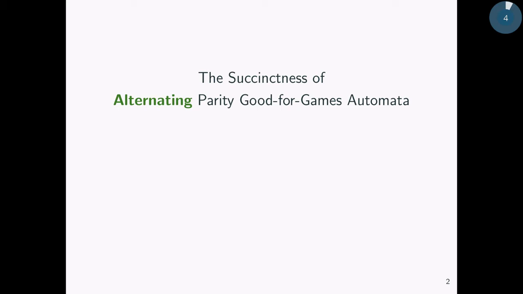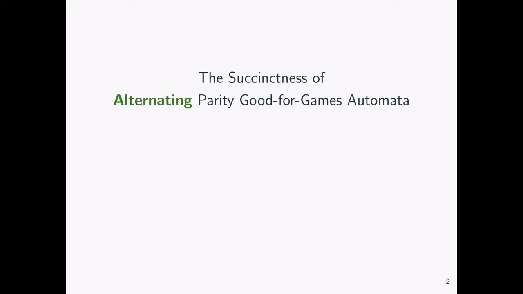Here we talk about alternating good for games automata. Alternating automata, in addition to non-deterministic choices, allow for universal choices. This makes them a good model for representing logics, for example linear temporal logic or the linear time mu calculus, because in logics we usually have both disjunctions and conjunctions.